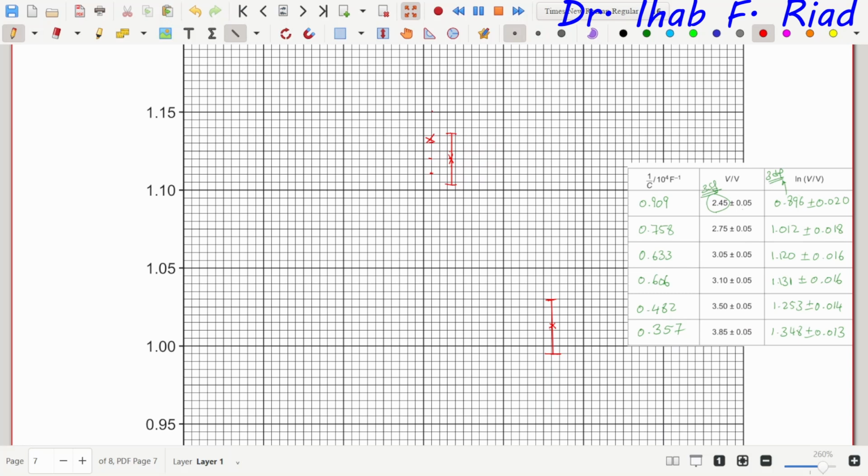What about our error bars? It is 0.16. It is also 3 units up and 3 units down.